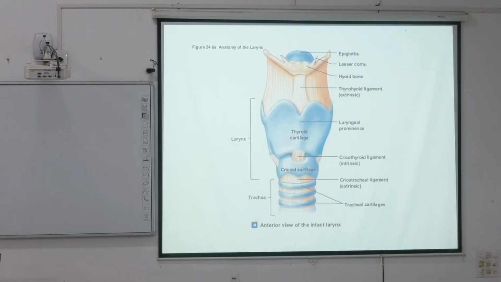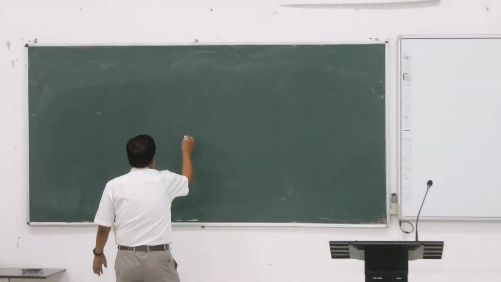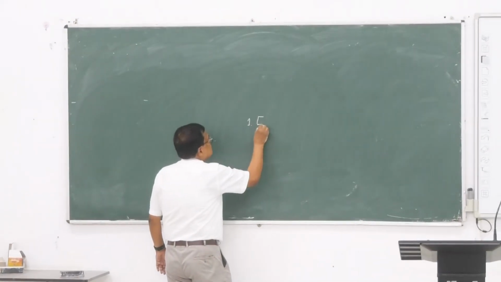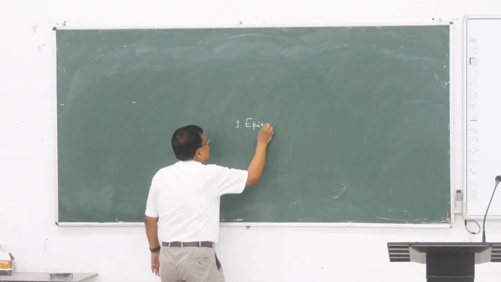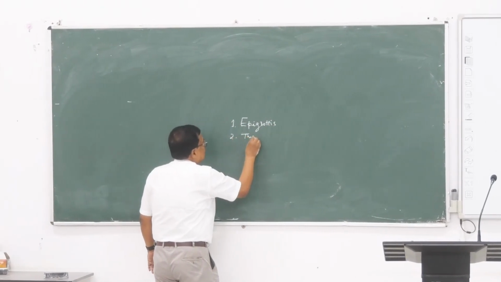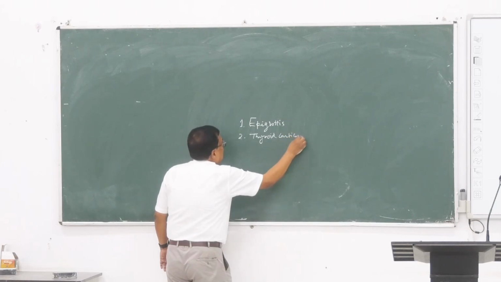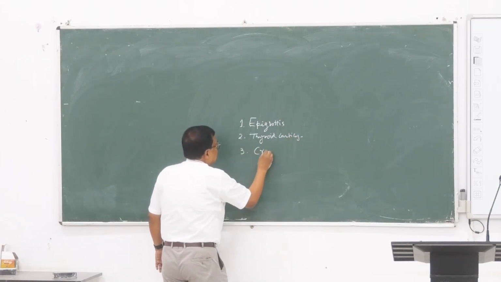Paired means there are two of each, and some are unpaired. Unpaired cartilages are the epiglottis, thyroid cartilage, and very important, the cricoid cartilage.